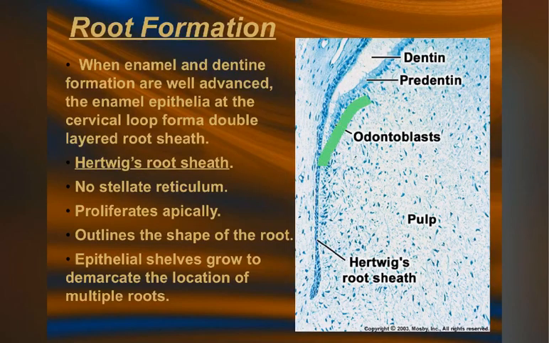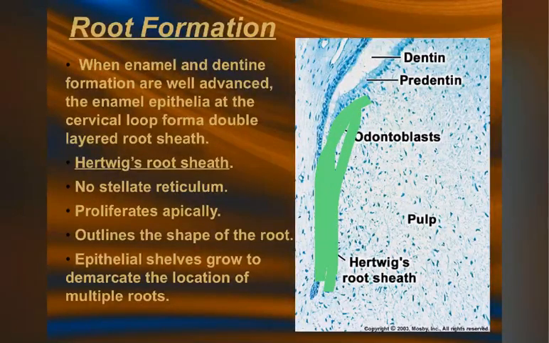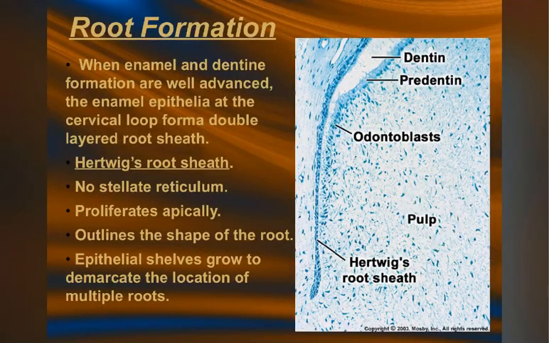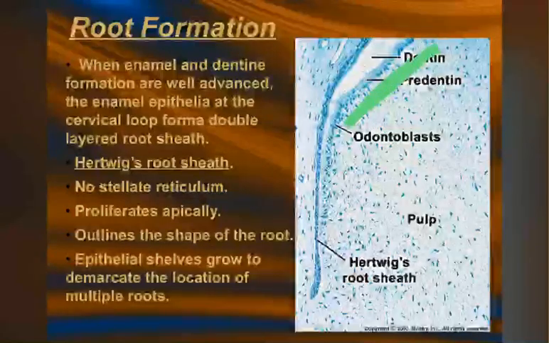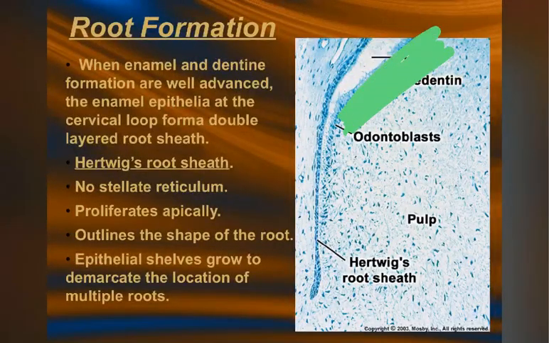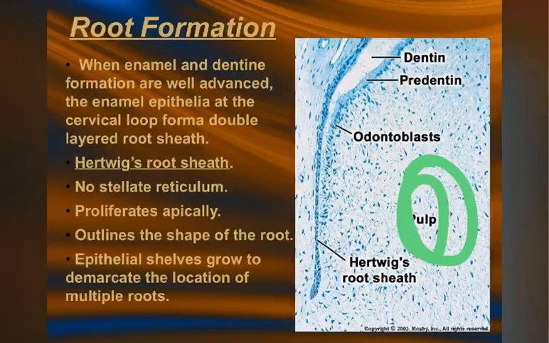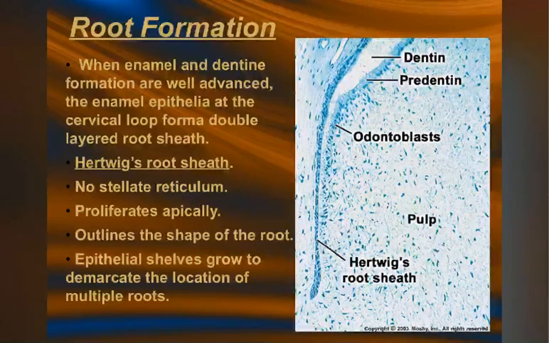So the internal layer toward the dental papilla, which you now call pulp, because odontoblasts already differentiated and started secreting dentine, and they are well advanced in that process. So the rest of the dental papilla can be called the pulp at this stage.